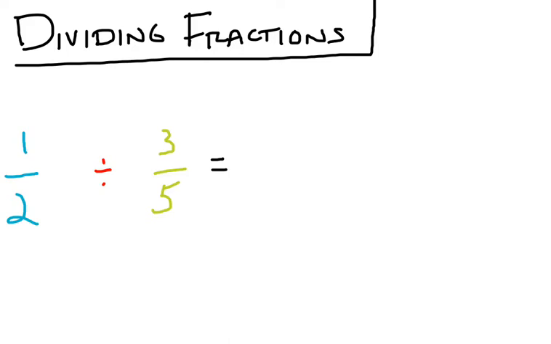For dividing fractions, we are only going to follow some very simple steps, called keep, change, flip. We're going to change our division problems into multiplication problems by following the rules of keep, change, flip.